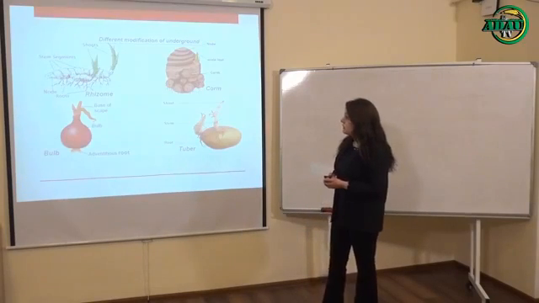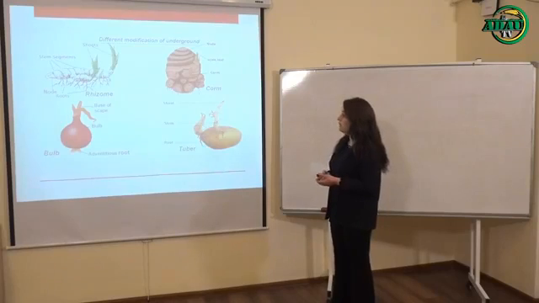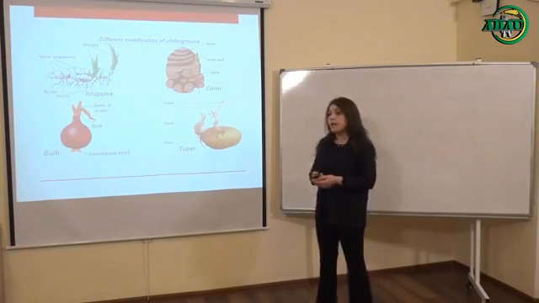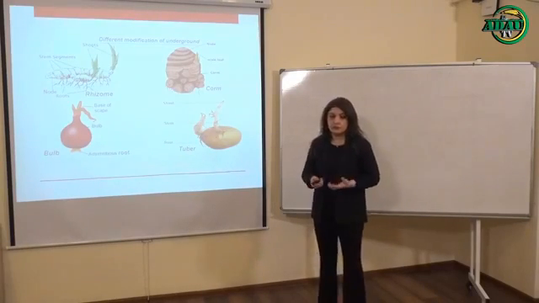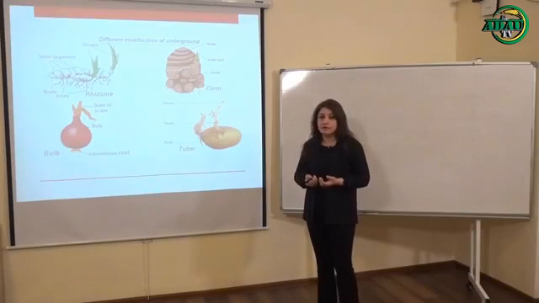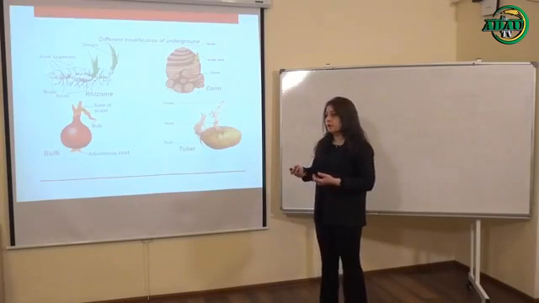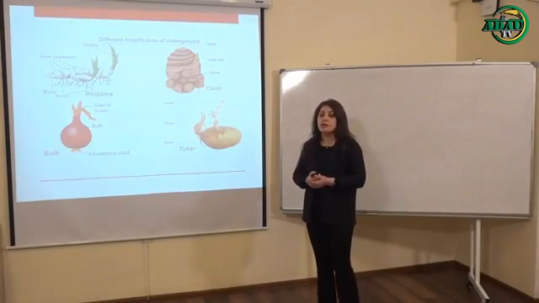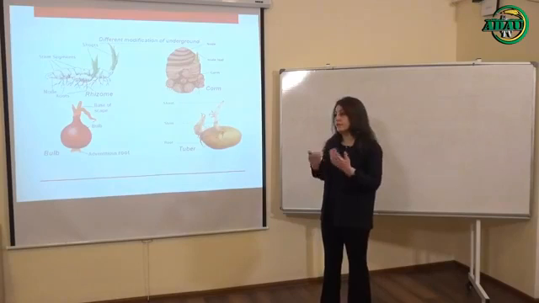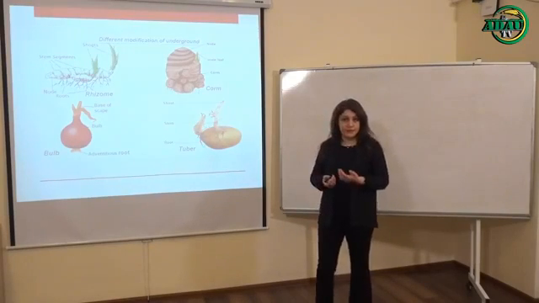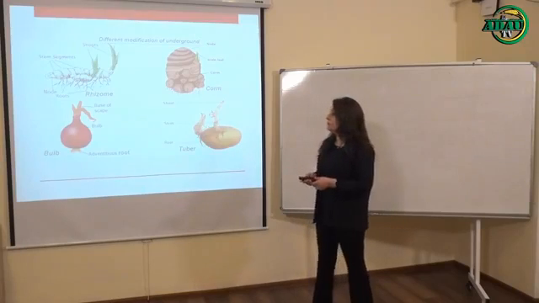And here you can see different modifications of underground stems. In most plants, stems are aerial organs. But some plants have underground organs. They can grow underground, and these stems are called underground stems. And they also perform some additional functions. For example, they can store food and get modified.